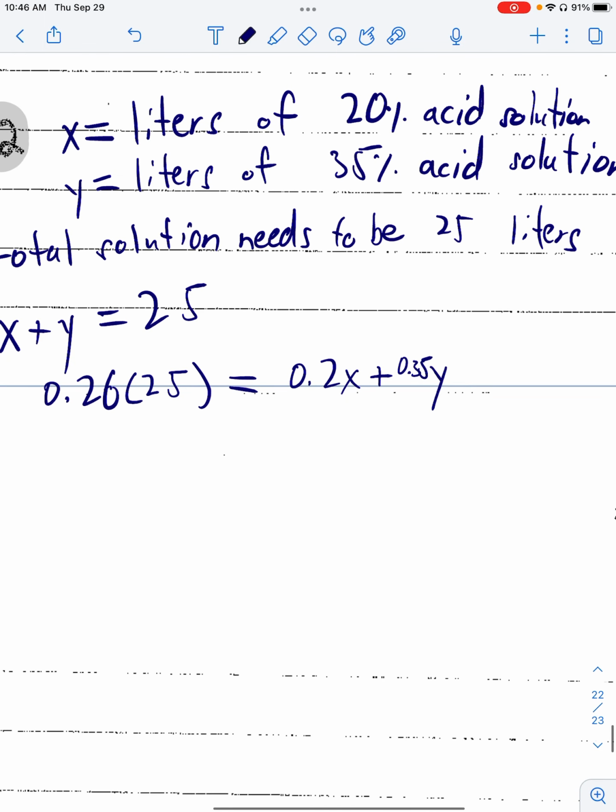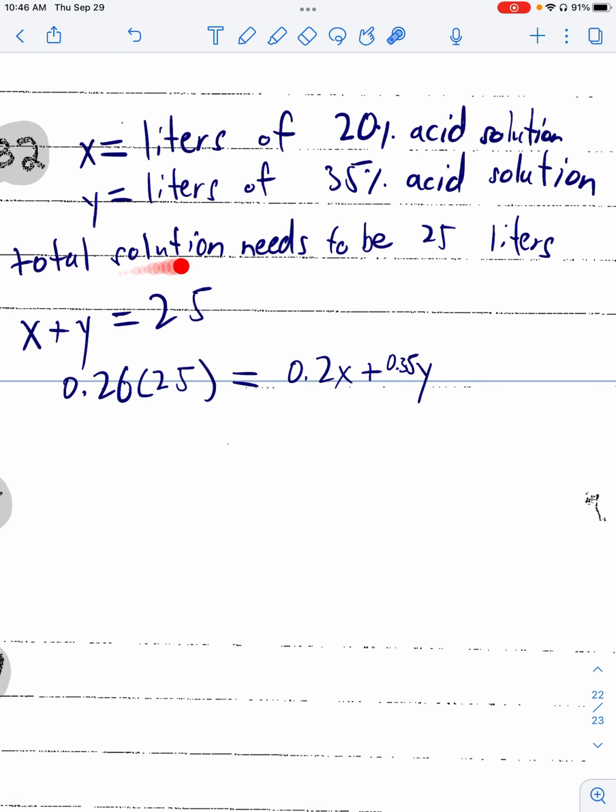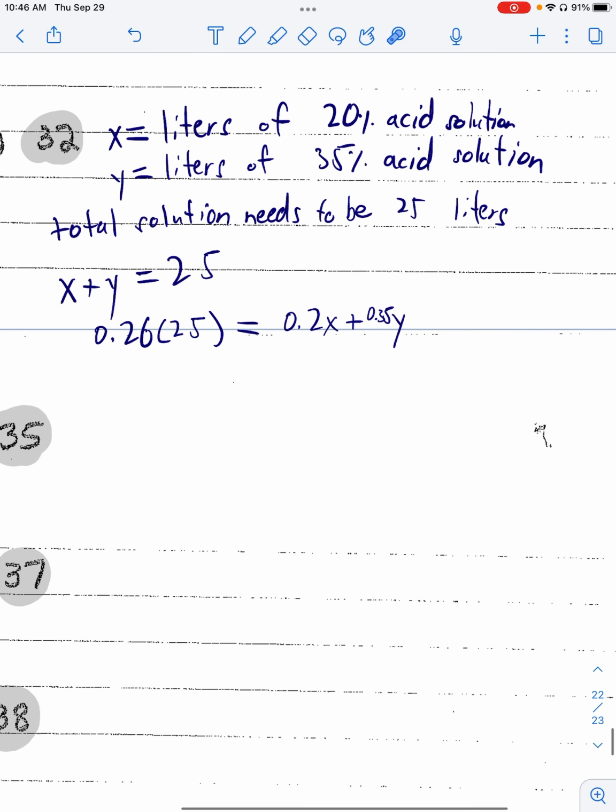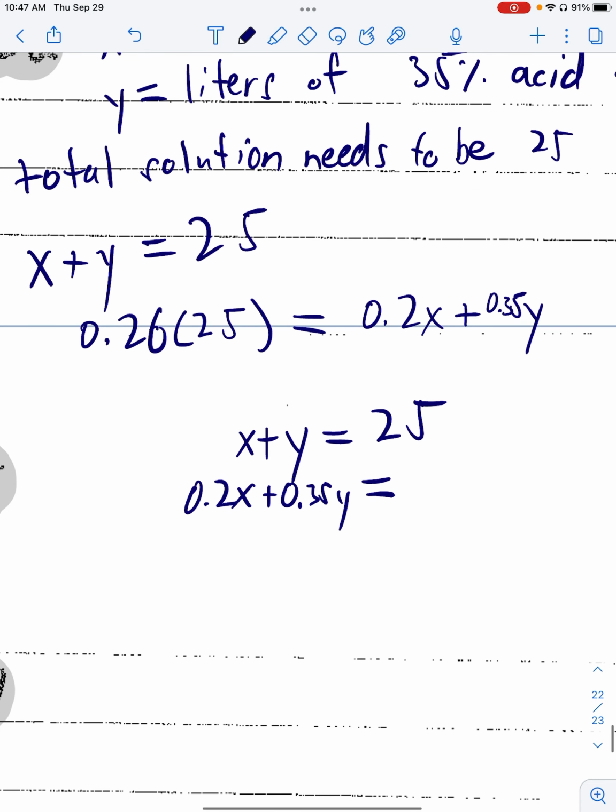So these are where my 2 equations come from. At this point the setup's all done; it's just an algebra 1 problem. Let's write this a little neater. My system is X plus Y equals 25, and 0.2X plus 0.35Y equals 0.26 times 25.